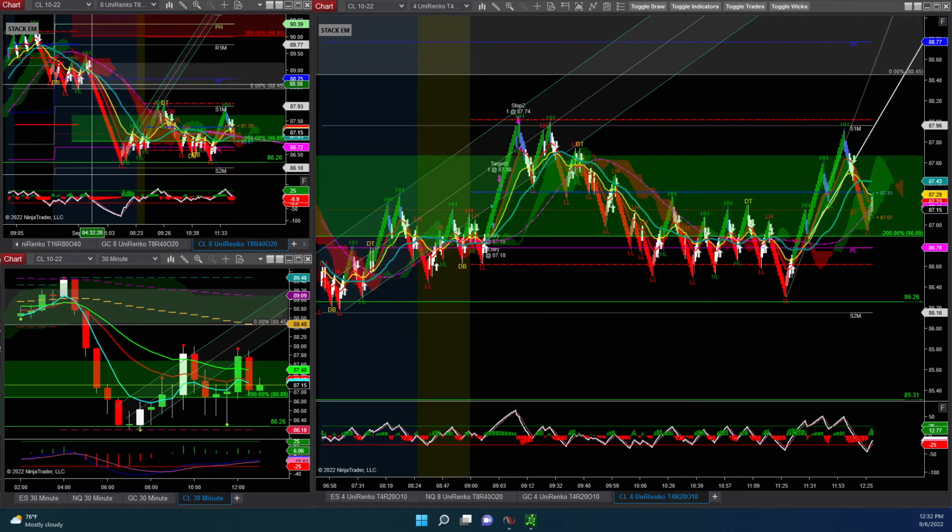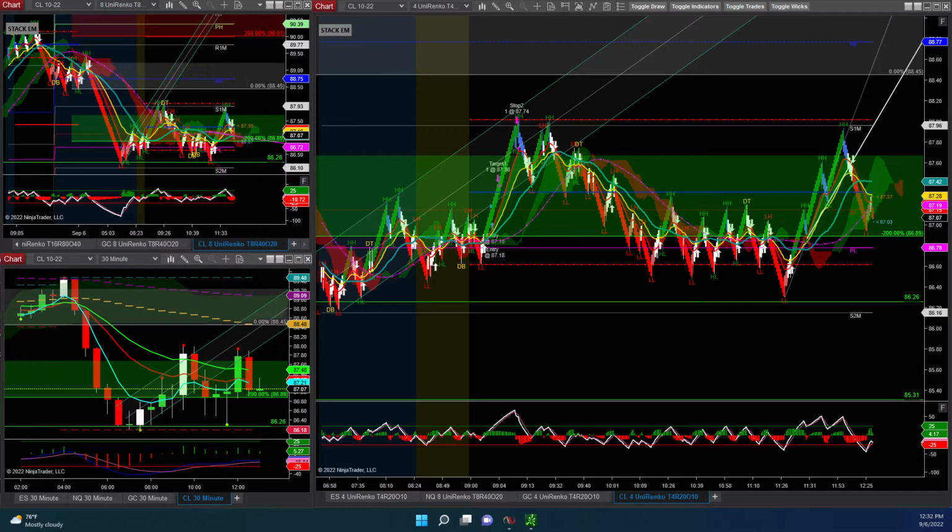So you see that overnight, in this top left corner here, we do have a move to the downside in the pre-market, and then the market has been chopping in this area in between the opening range right there.